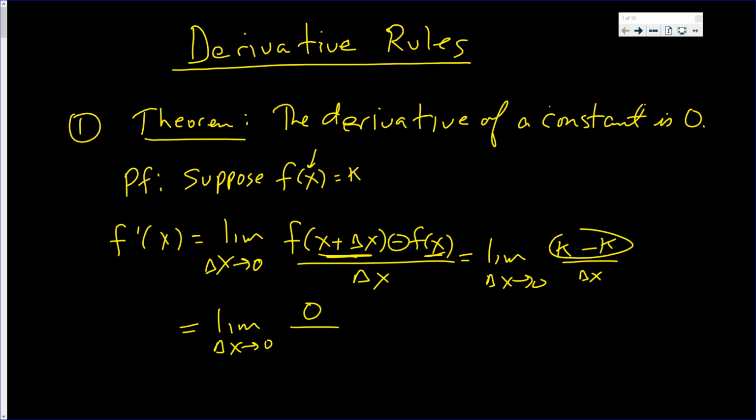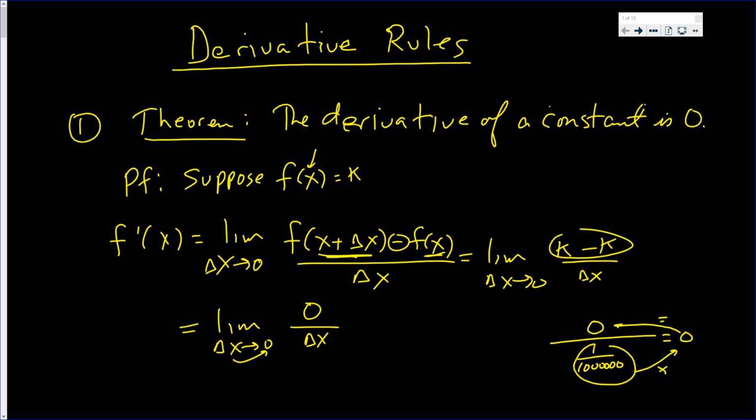It's 0. And the denominator, delta x, is getting close to 0, but it's not 0. If you take 0 and divide it by a very, very small number, you get 0, because this small number times only 0 will give you back 0.